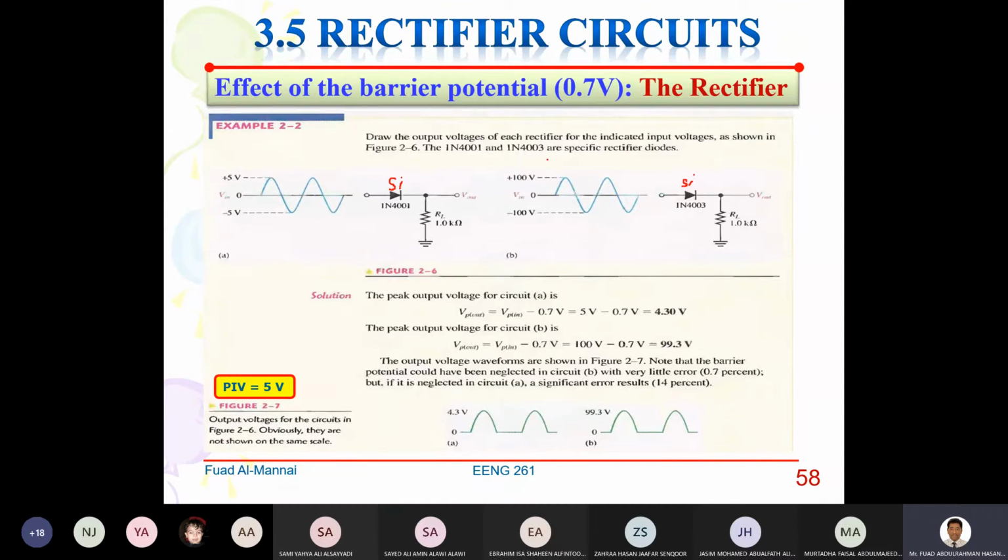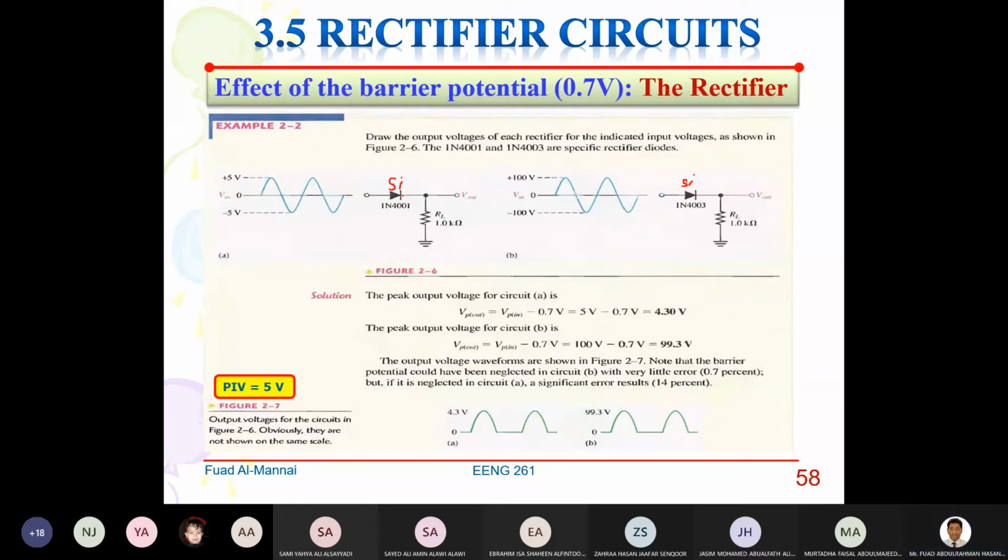Over here to the left, this is a half-wave rectifier, and we are using 1N4001, which means this is a silicon diode. What does that mean? It means that we are going to drop 0.7 volt across it. It means that your output will be the peak value minus 0.7 volt.